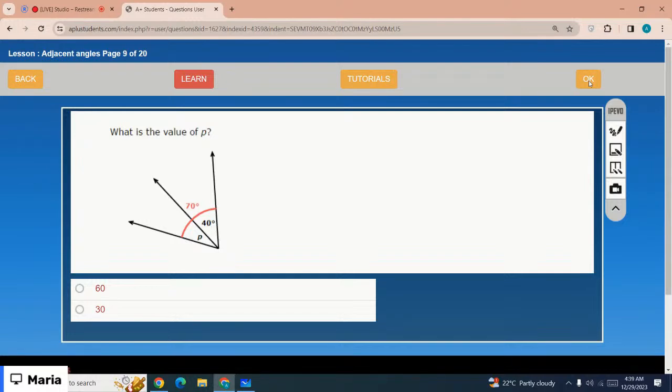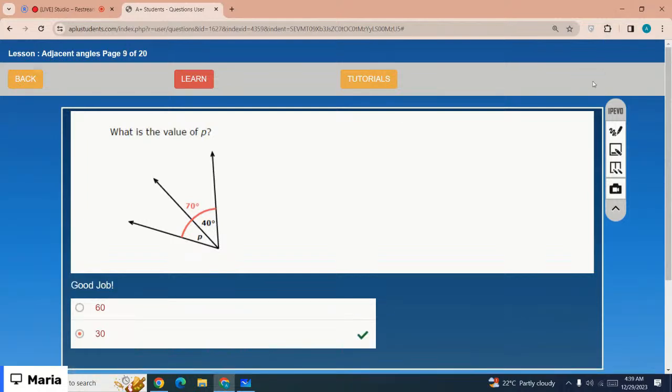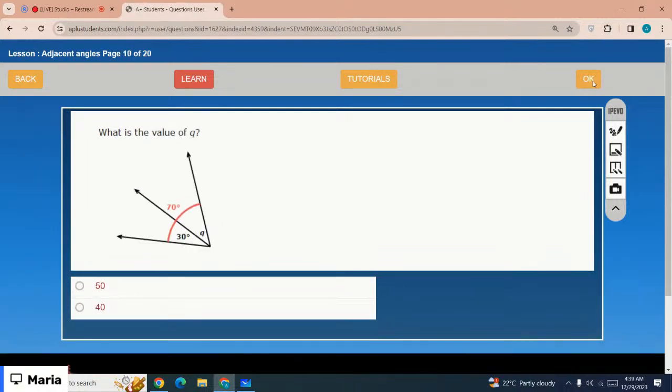What is the value of p, which is the correct option? Yes, that is 30 degrees. The correct option is 30. What is the value of q, which is the correct option? Yes, that is 40 degrees.